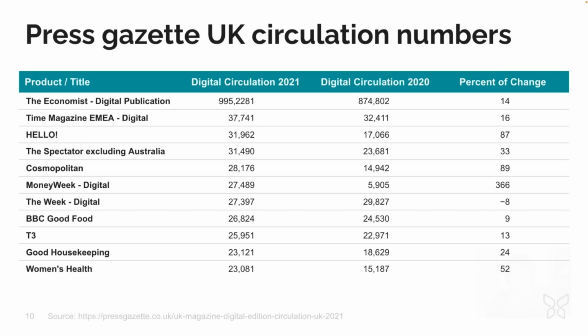So there's a lot of different strategy that is tied into making sure that your content is going everywhere that you want it to and supporting those goals. But again, it's interesting to see that across all of these different publications, things tend to grow. I can only imagine what those numbers will look like in 2022.